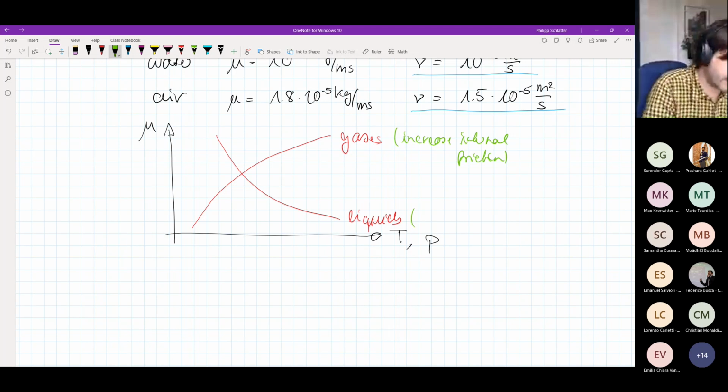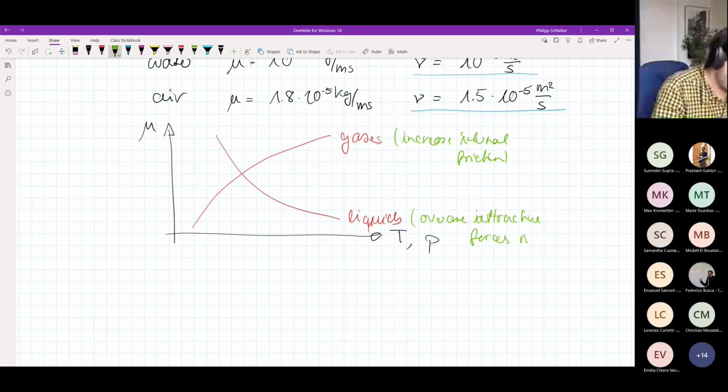However, with liquids it's a little bit different, because the molecules are already in a certain relation with each other, and the increased temperature makes it easier to overcome the attractive forces inside the fluid.